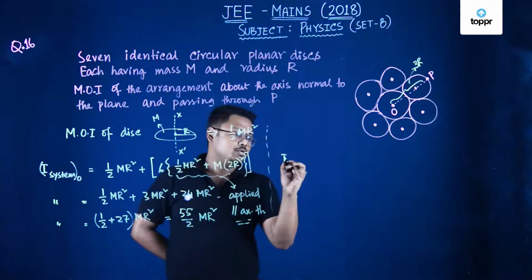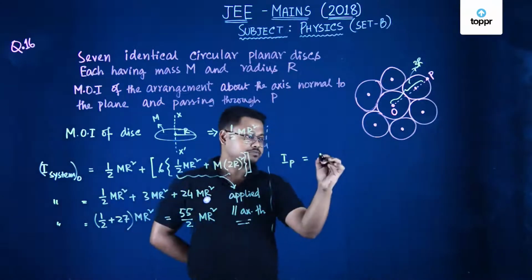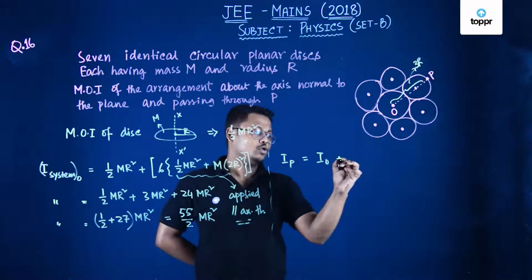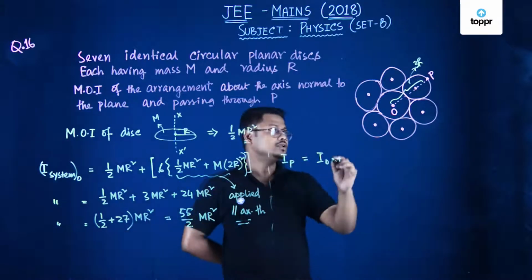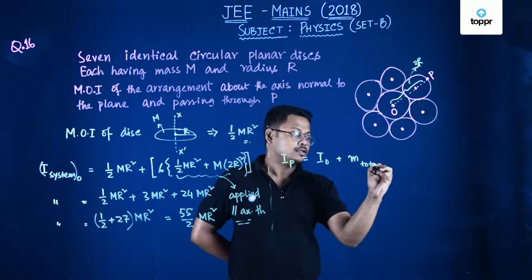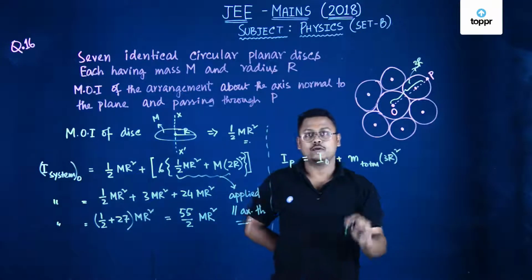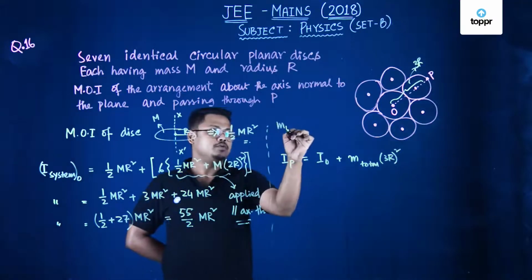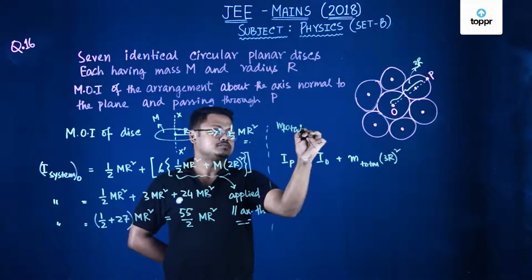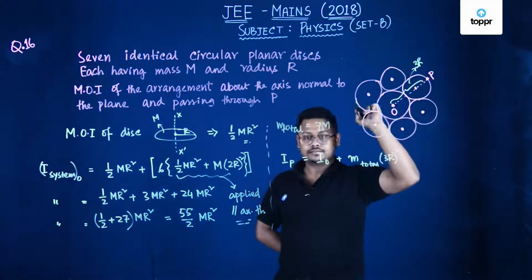So I can write the moment of inertia of the system about point P is equal to the moment of inertia about O plus, now total mass, let's say M total, into 3R square. Now what will be M total? M total will be 7M because there are 7 such disks, right?